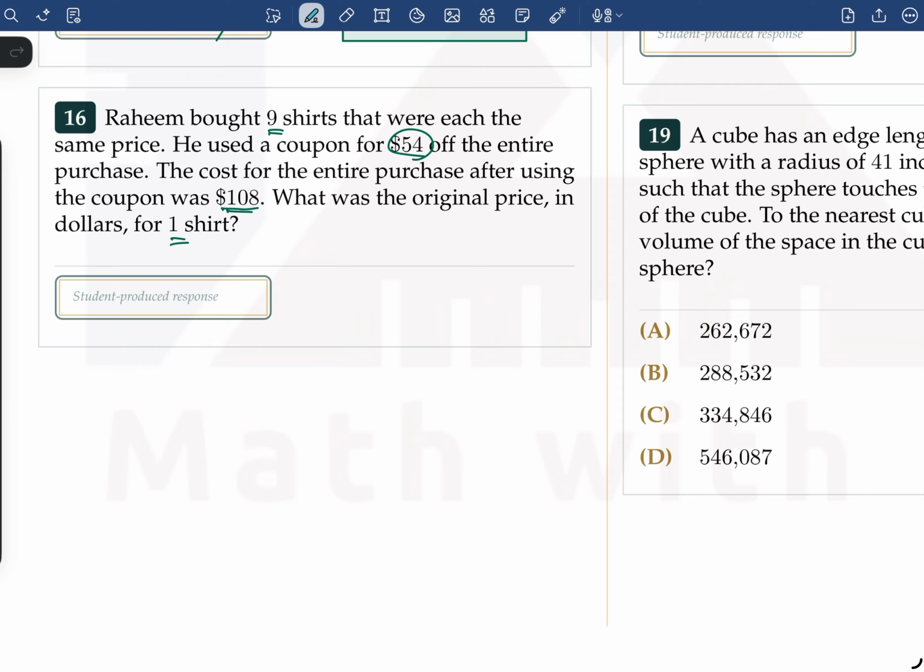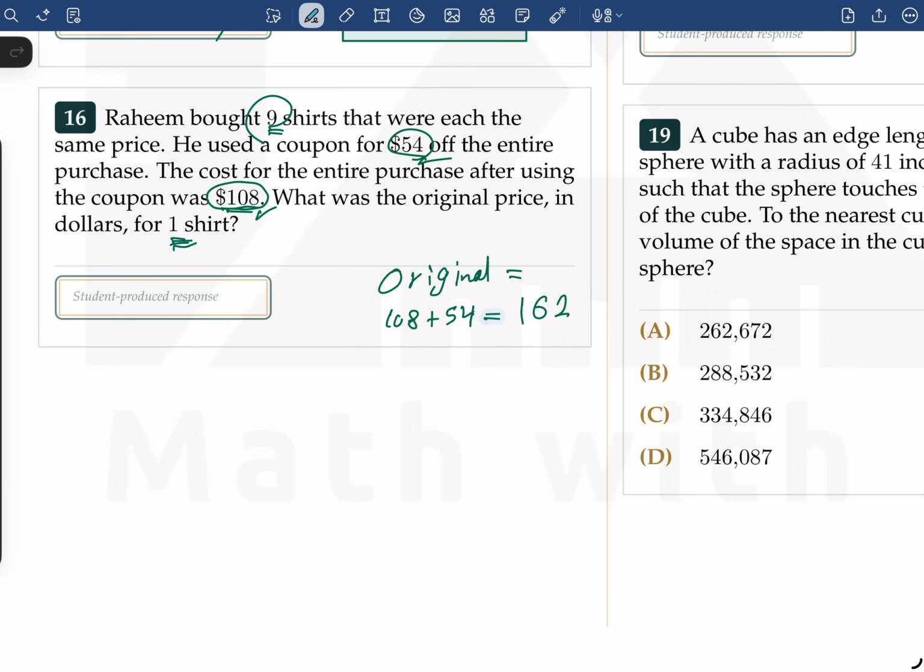Original price is before removing this number 54 from the original number. So the original number was 108 plus 54, but for what? For all the 9 shirts. So we can add them all together, we get 162. But this 162 is for the 9 shirts. How can we get one shirt?